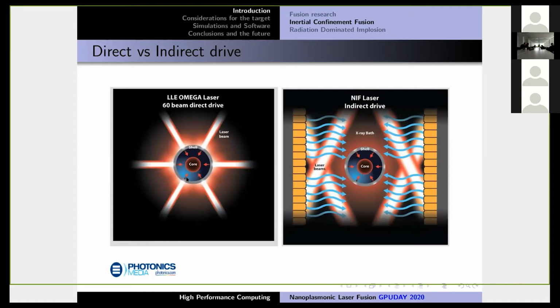The first one is a direct drive, which contains the target, and the laser beam hits the target directly.